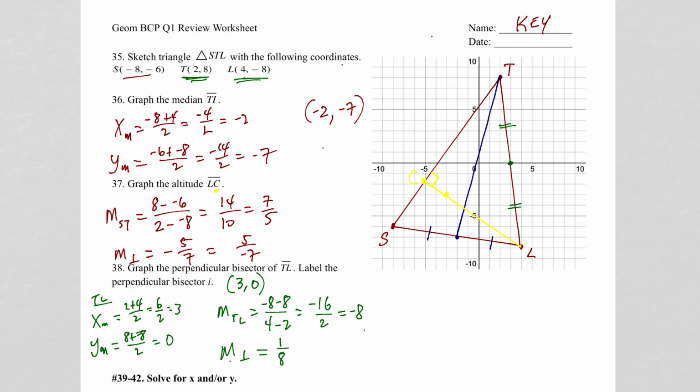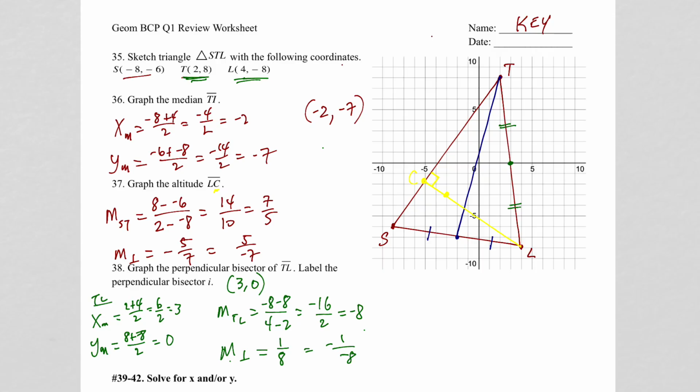So from this point, if I rise 1 and go to the right 8, I'm going to go off the graph. So instead, I'm going to make these both negative 1 over negative 8. That's the same thing as positive 1 over positive 8, but it allows me to go to the left. So I go down 1, and then 1, 2, 3, 4, 5, 6, 7, 8.